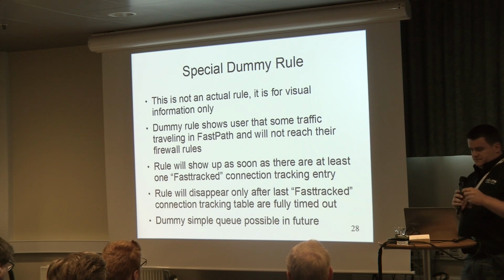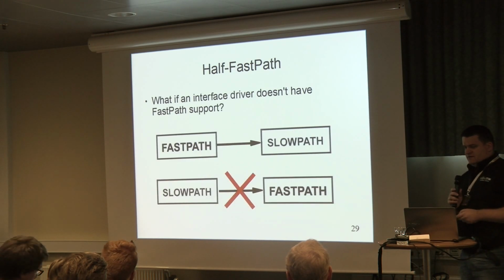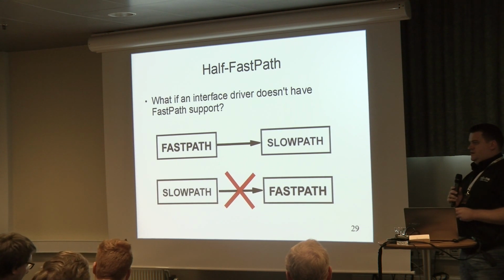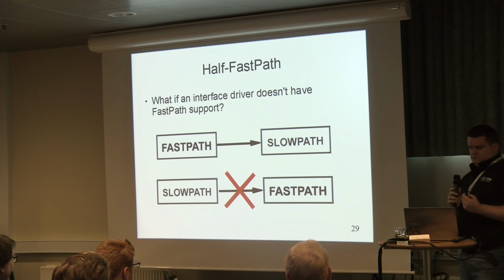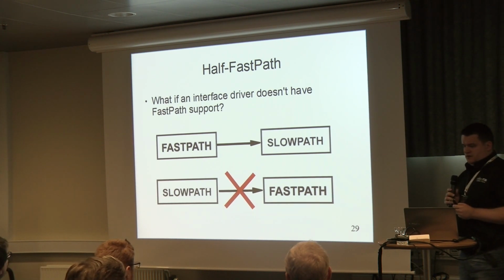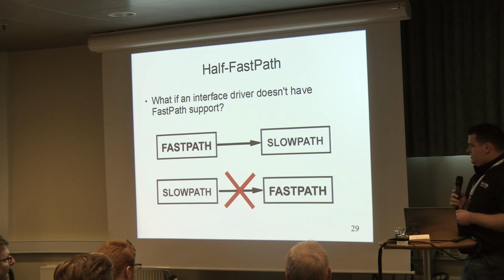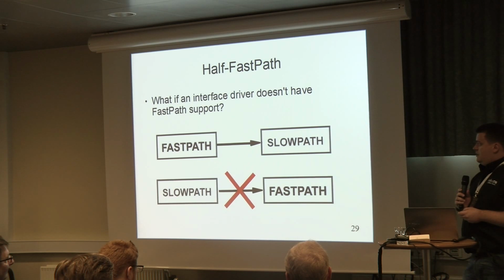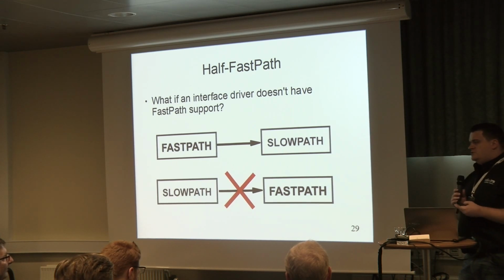But what to do in the situation when your driver doesn't have FastPath support? For example, you use some kind of tunnel or something like that. Well, it's actually quite easy. For FastPath to operate, the router needs to receive traffic on a FastPath interface.